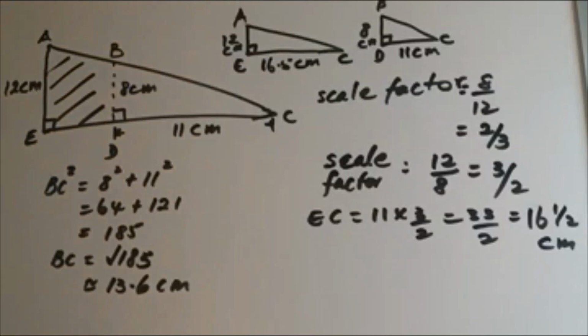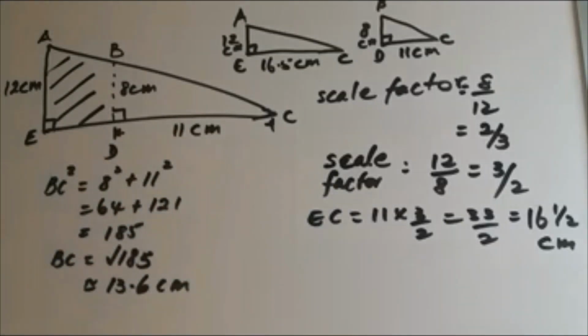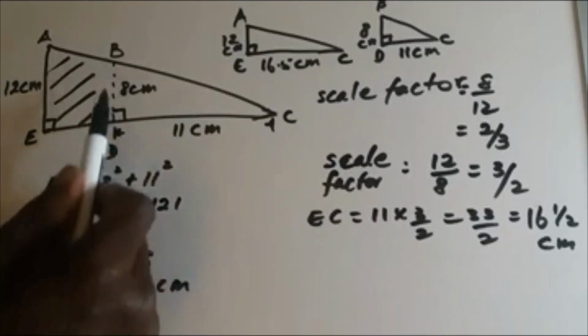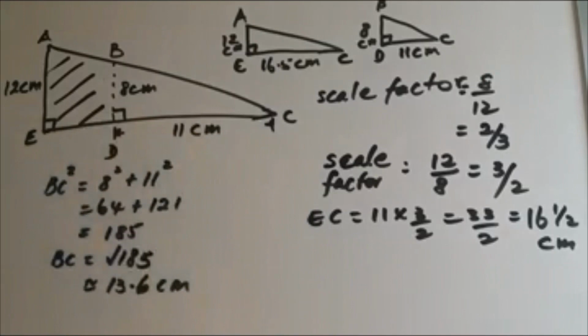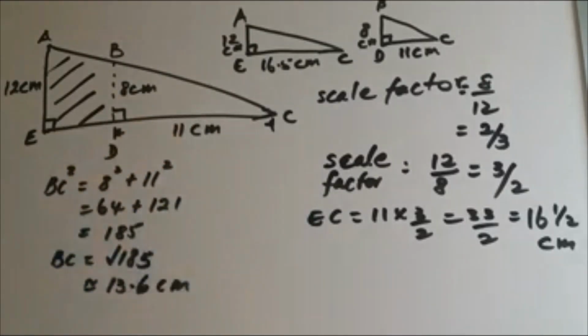Now we have the height AE and we have the length EC. What can we calculate? Well, we can calculate the area of the large triangle, and then we can subtract the area of the small triangle, because we have the base, and we know our formula is half the base times the height.